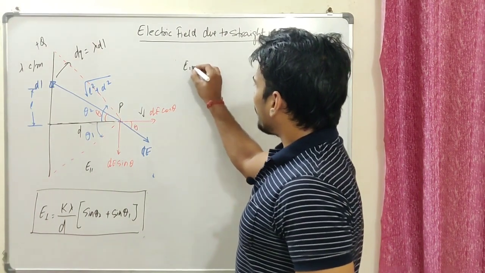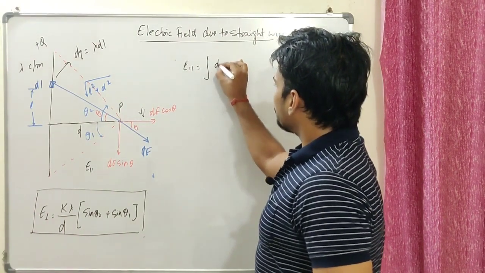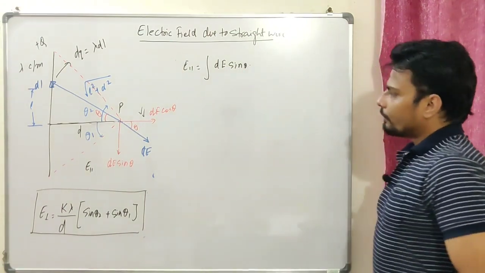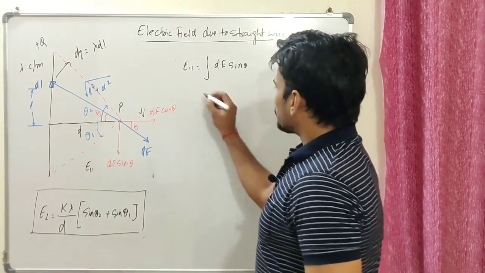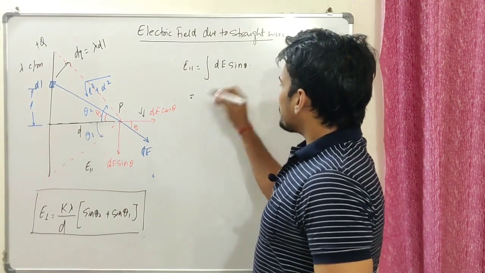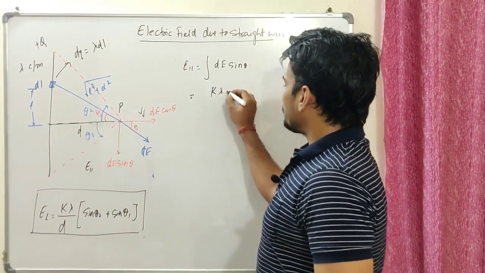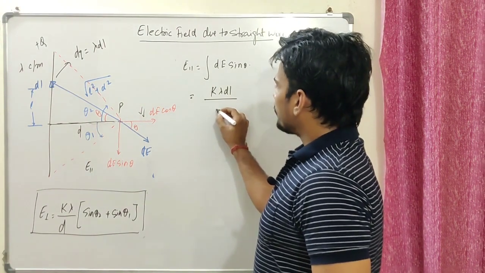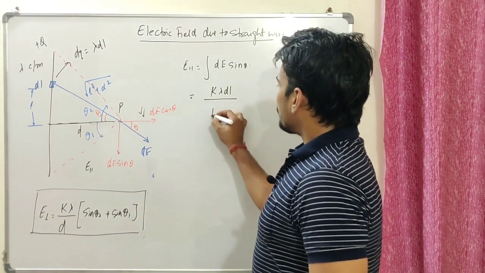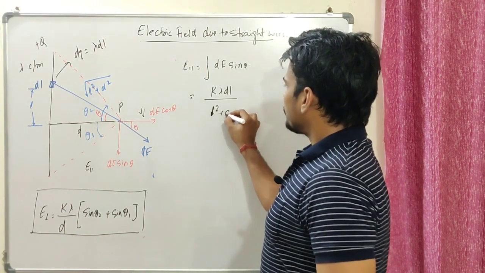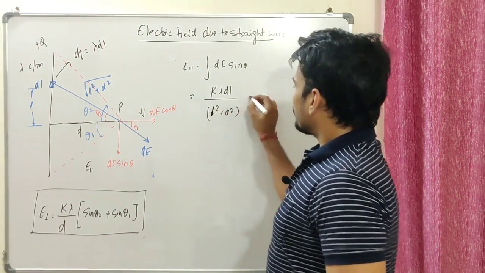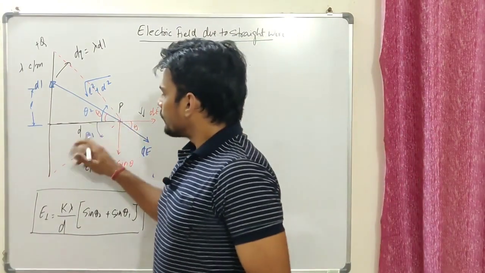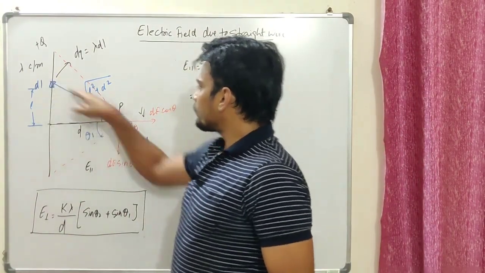Well, E parallel should be integration of dE sine theta, right? Now let us put the values over here very quickly. dE should be how much? K lambda dl over L square plus d square, sine theta. In this case, sine theta is going to be L over that length, right?